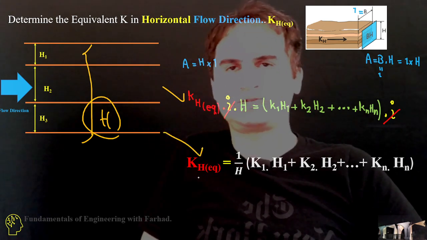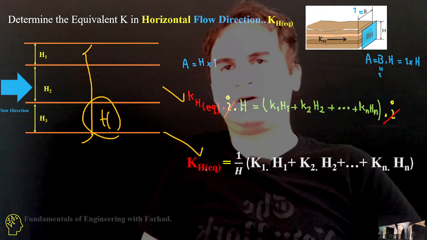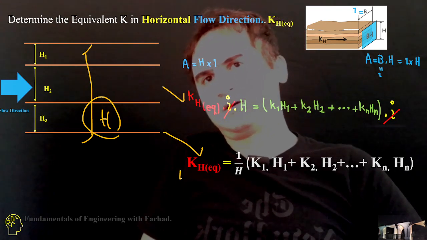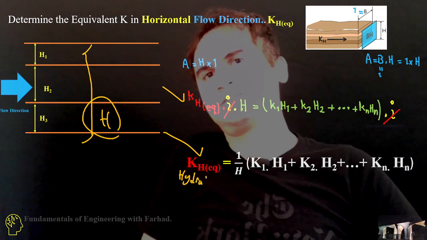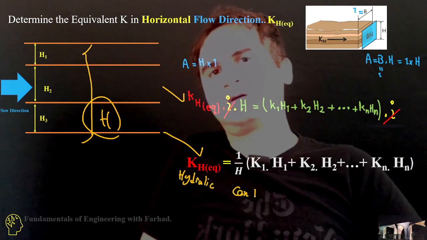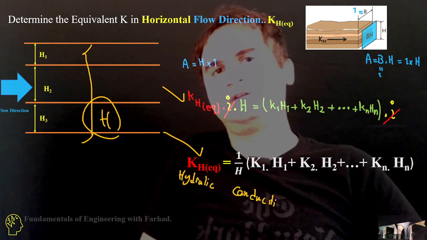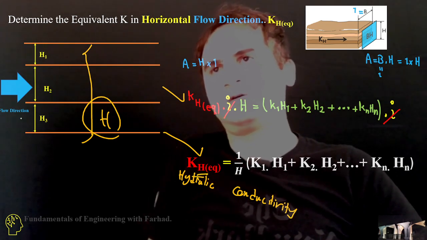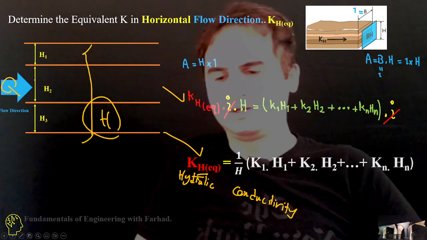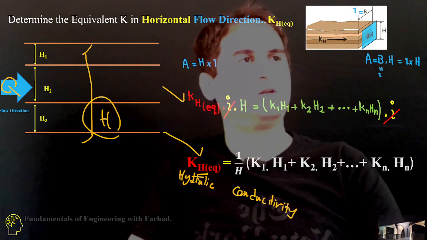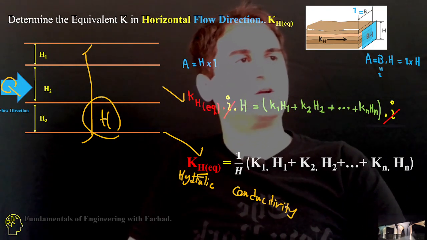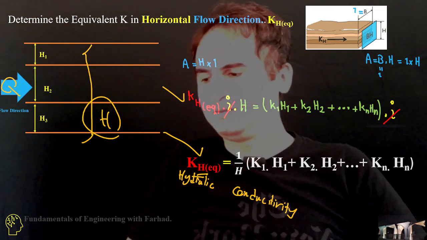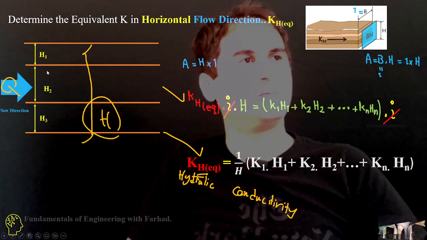That's the equivalent horizontal soil hydraulic conductivity in horizontal flow condition. In the next video, we'll talk about the vertical hydraulic conductivity, and we'll solve some example problems.